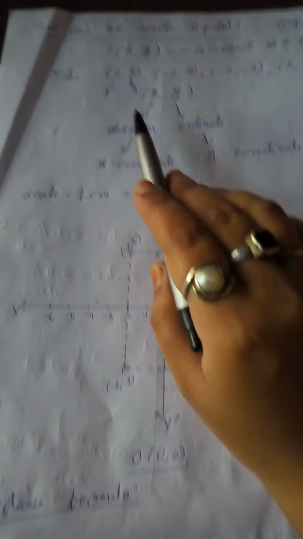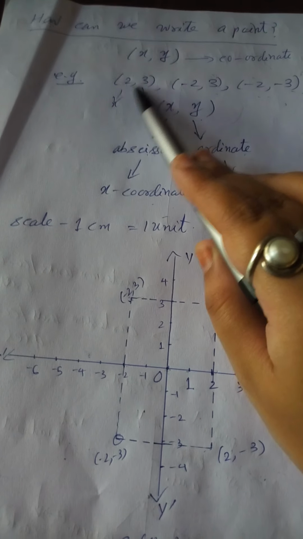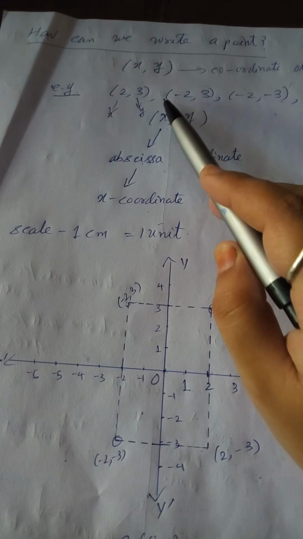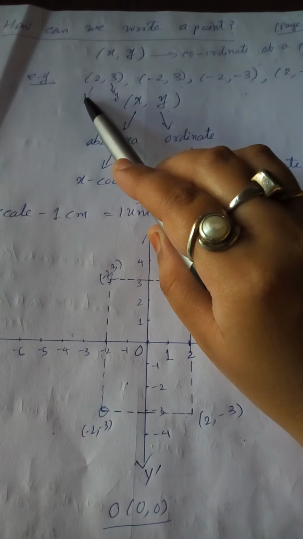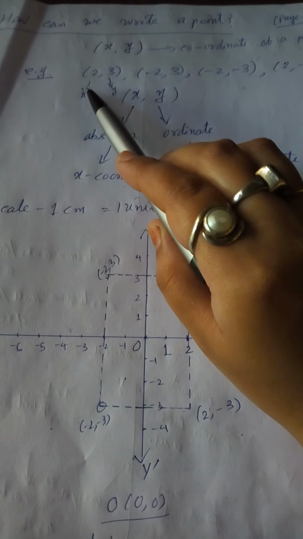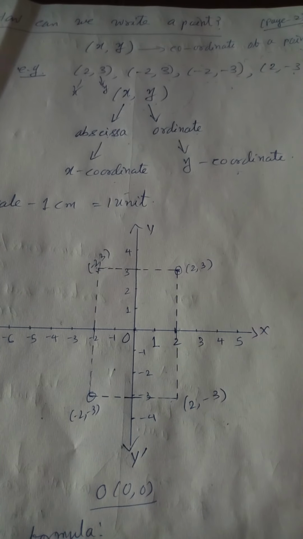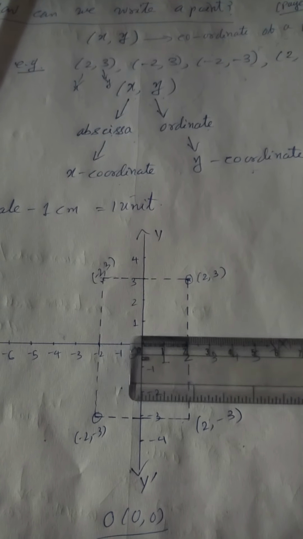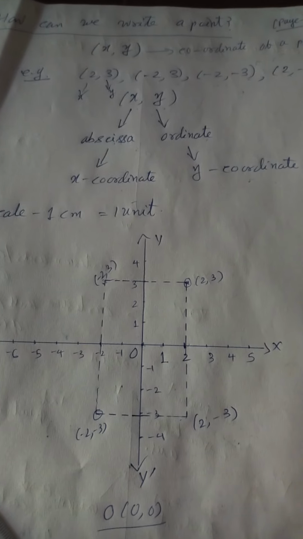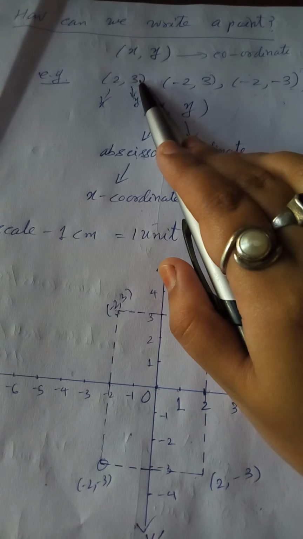And your first point is what? (2, 3). So the x value is 2 and the y value is 3. With the scale, first we count the x value: from this point we count 2 centimeters, using the scale. After that, the y value is 3.